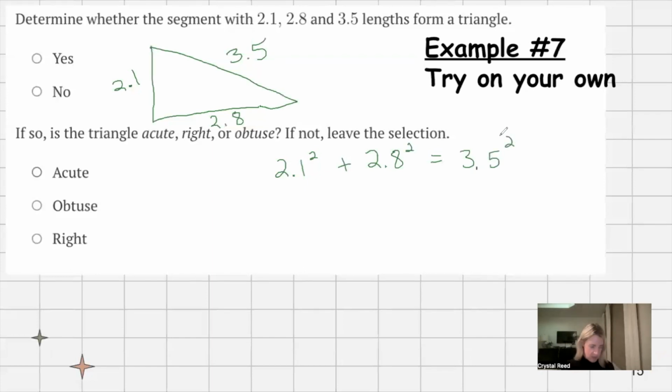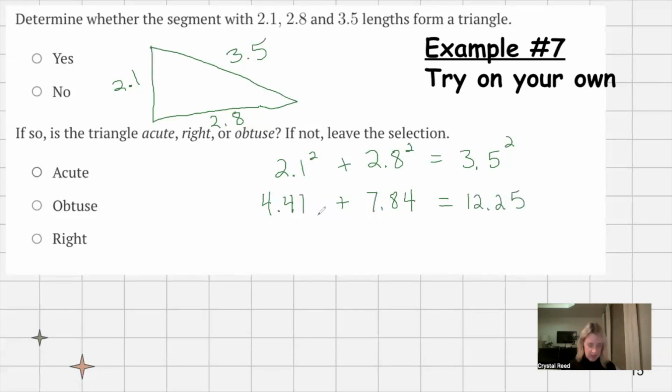2.1 squared, we are going to do 2.1 times 2.1, 4.41, plus 2.8 squared, 2.8 times 2.8, 7.84, equals 3.5 squared. 3.5 times 3.5 is 12.25.